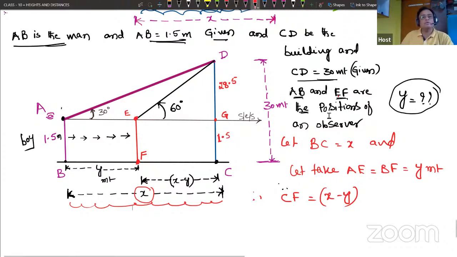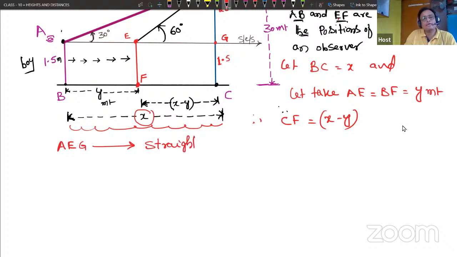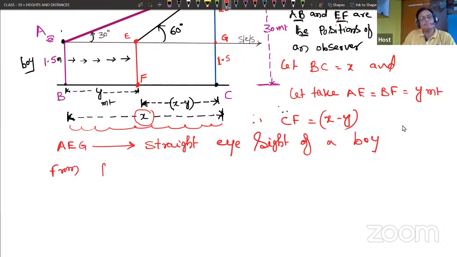And since AEG is the straight eyesight of a boy, therefore from the figure, all of you write here, from figure AB is equal to EF is equal to CG, all equal to 1.5 meters.